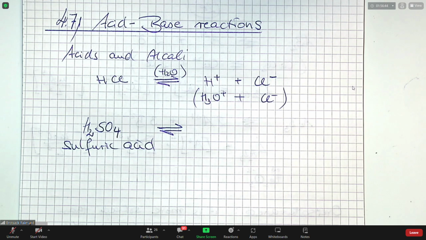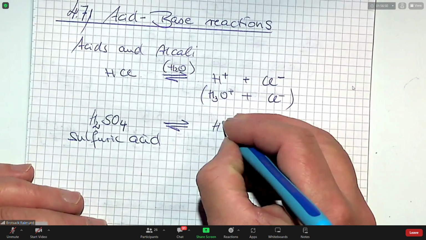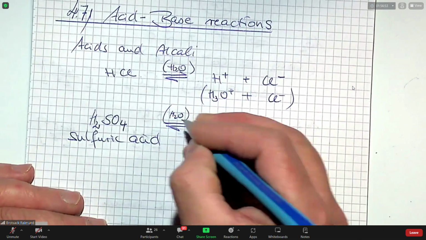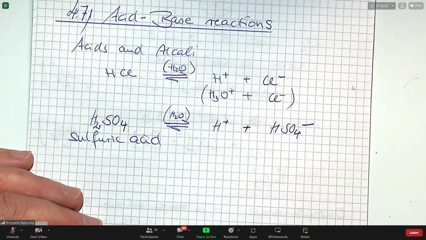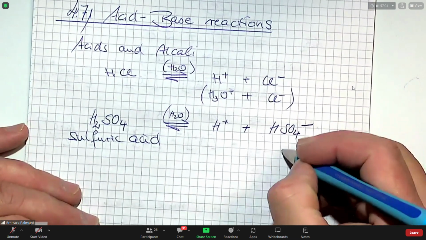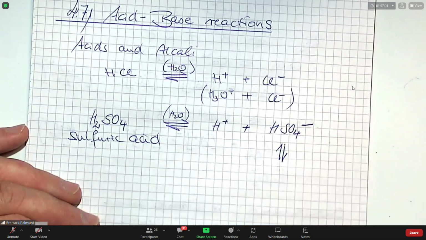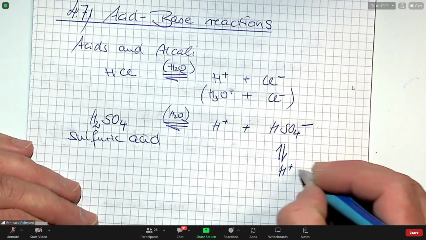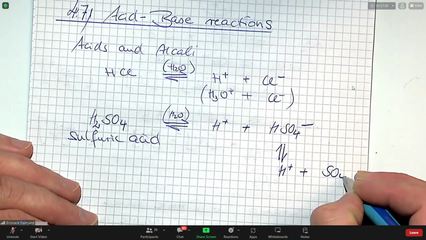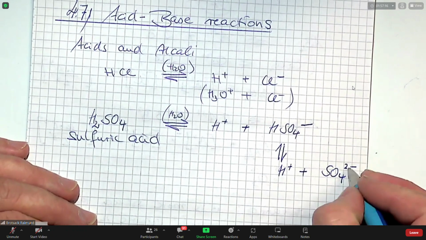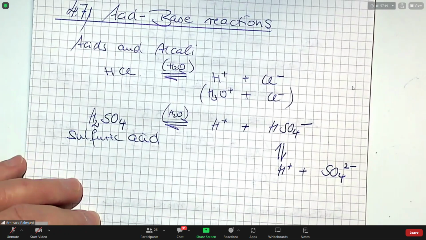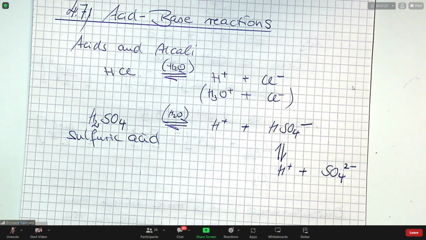So this one is in a first step producing H plus in water plus hydrogensulfate anion. And this one additionally can spend a proton, and we have the sulfate 2 minus anion. So 2 steps where protons can be delivered to a partner.